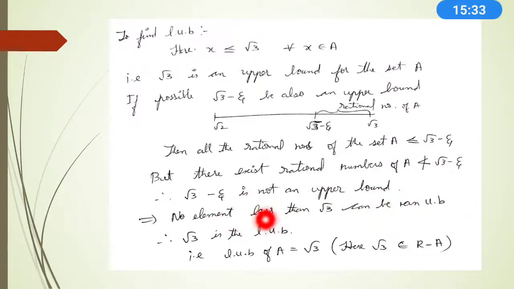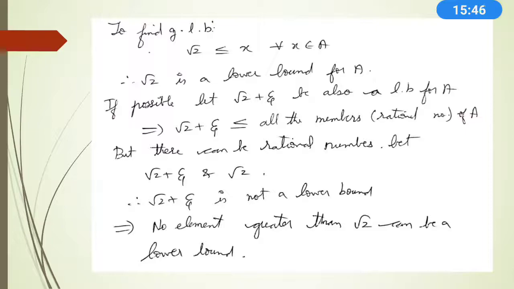Okay. Similarly, we have to find the greatest lower bound. In the open interval, root 2 is the lower bound. Let me take root 2 plus epsilon to be a lower bound. That means all the elements will be greater than it.